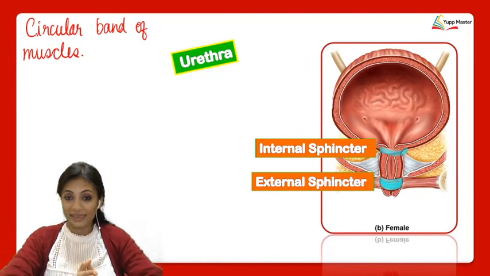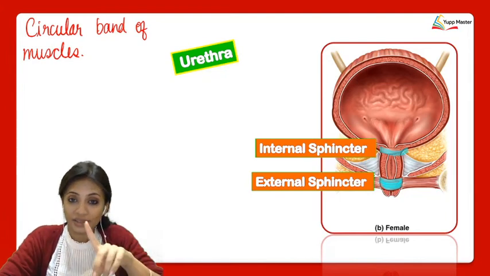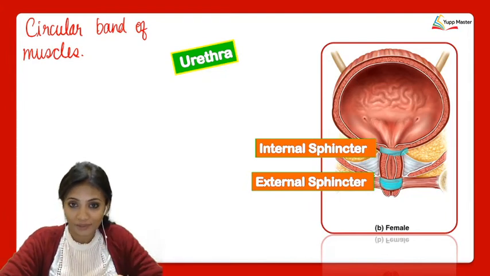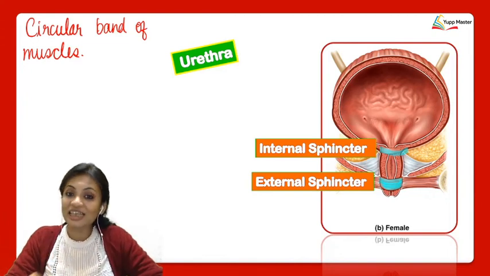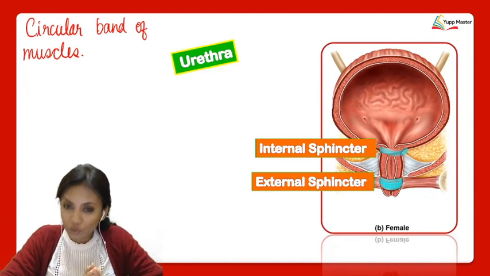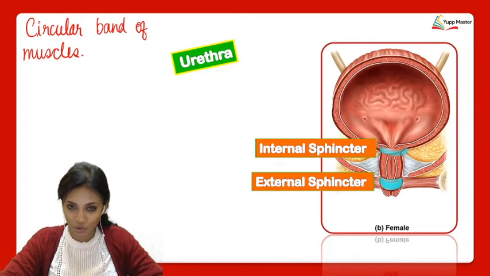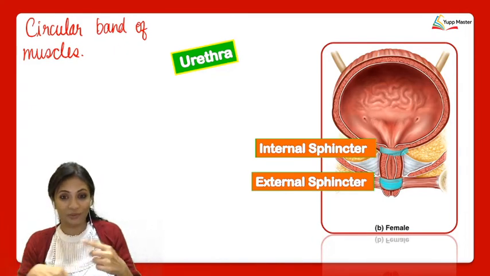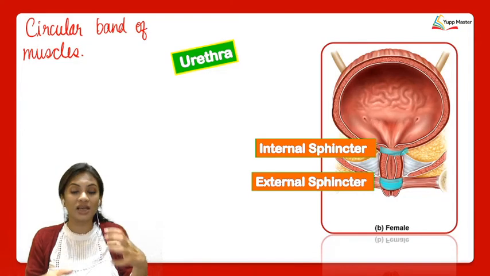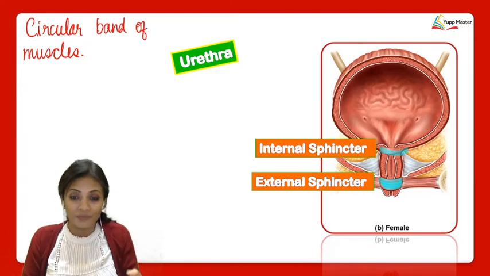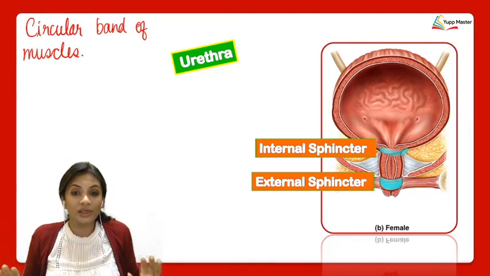Out of these, I'll tell you, there is one sphincter which is voluntary, and one which is involuntary. I'd like you to guess which of these two is voluntary and which is involuntary. Which one is under your control, and which one is absolutely not in your control?